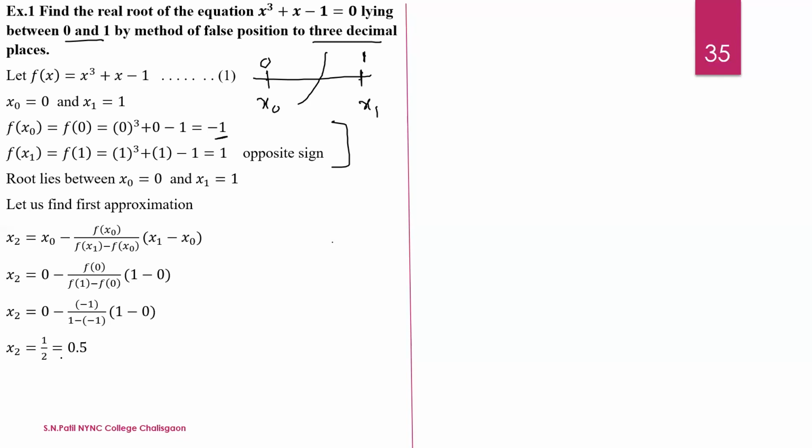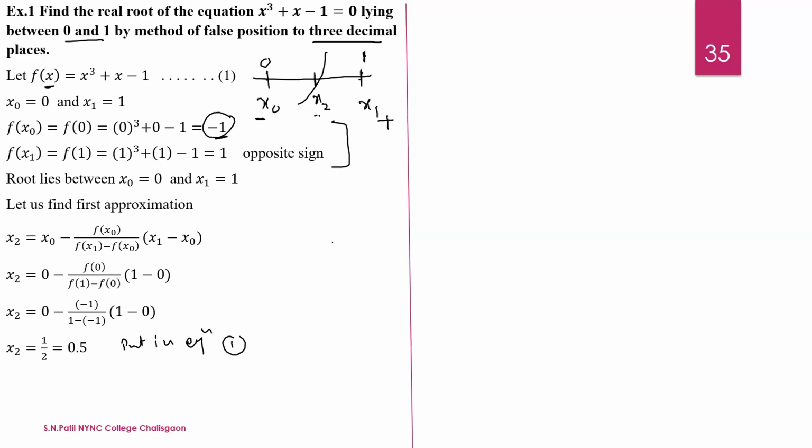Now put this x2 value in equation 1. Now this equation decides. Now here we get the x2 point. Now this is the negative point, and this is the positive. Now we put x2 here.